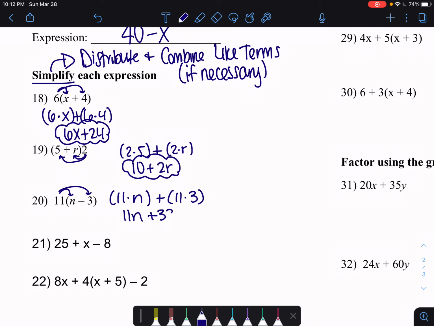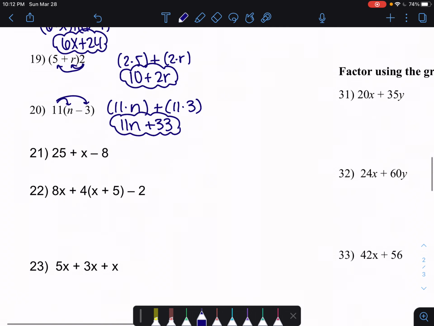So 11n plus 33. In number 21, we're just combining like terms. So I've got 25 minus 8. 25 minus 8 is going to be 17 plus x, not 8.